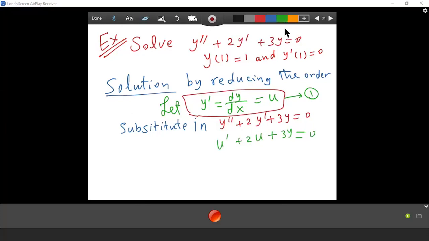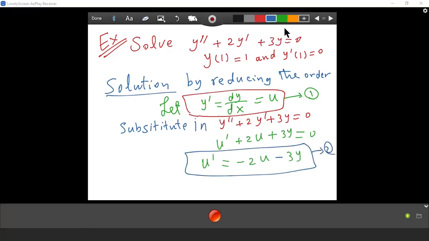I would like to have this as a system, so I will have u dash equal to minus 2u minus 3y, right? So yes, this is my second differential equation.